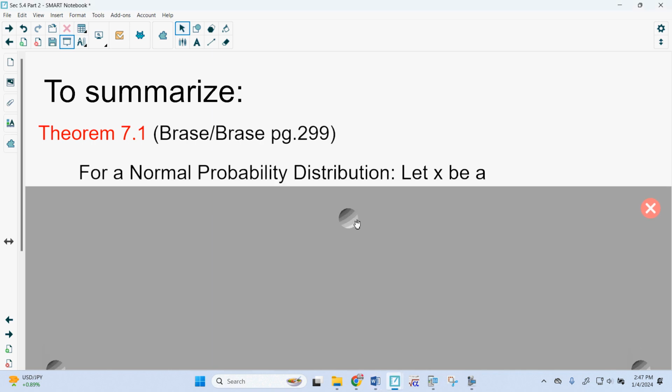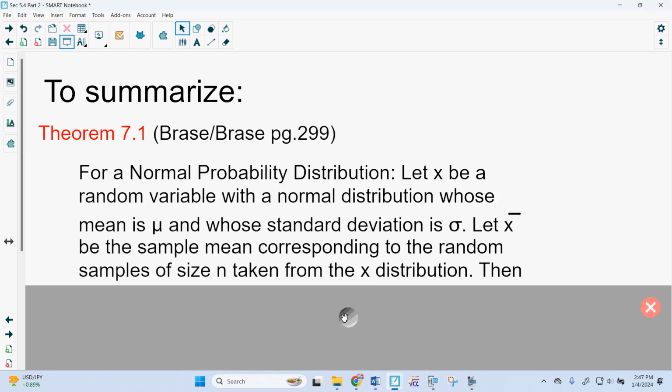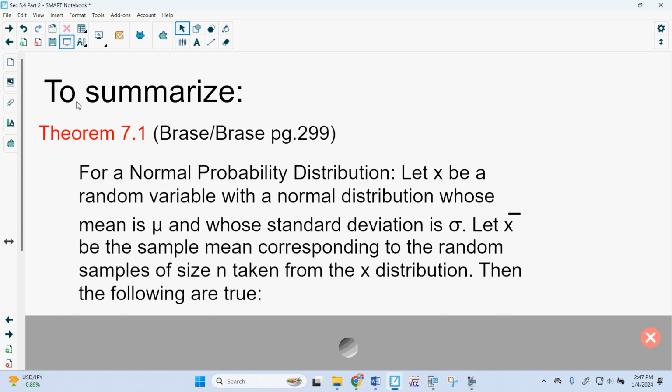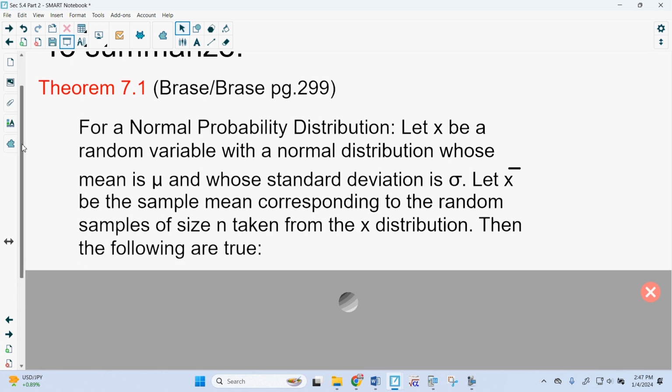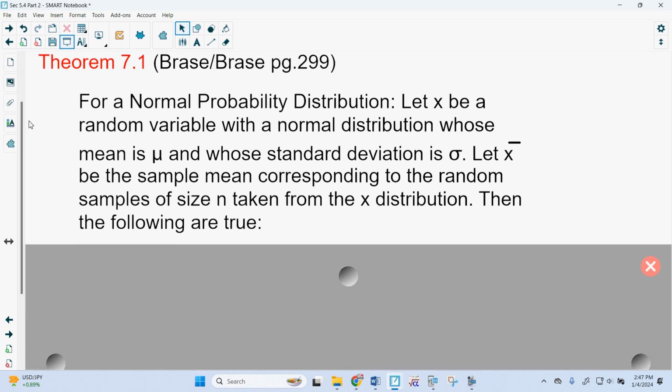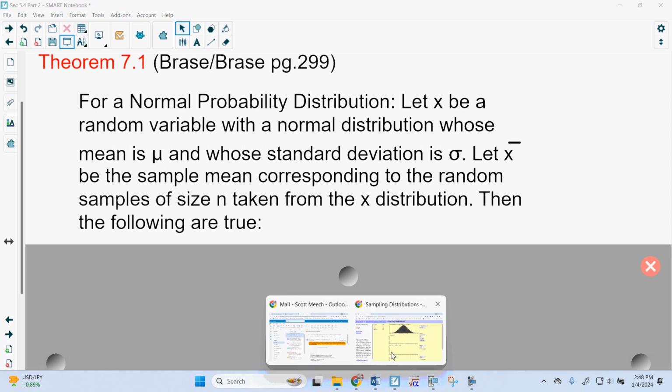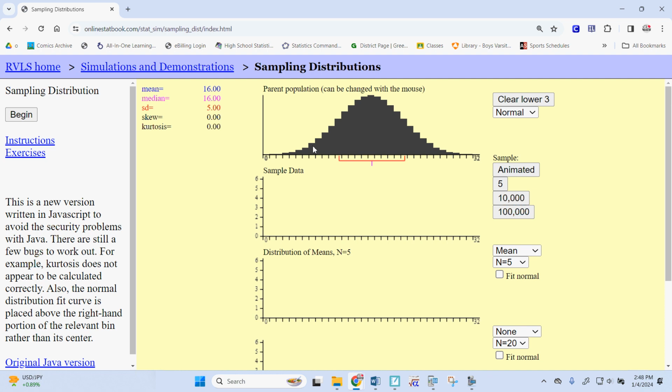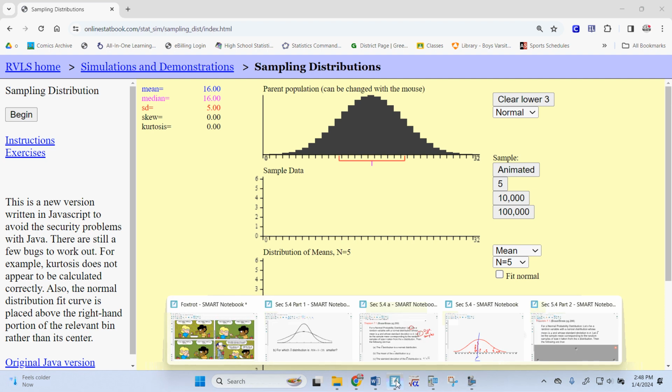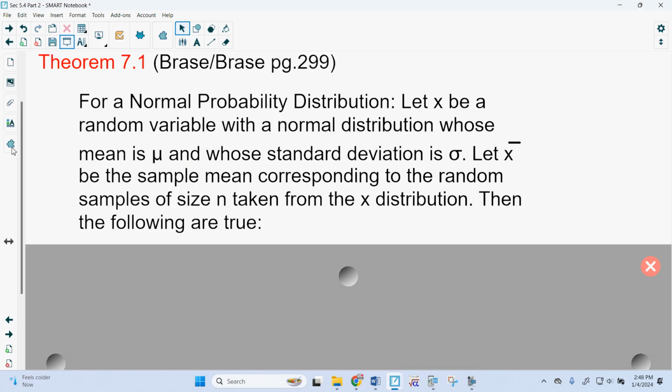So to summarize, here is a theorem that's going to tell us what's going on. First off, for a normal probability distribution, let x be a random variable who is normally distributed with a mean, mu, and a standard deviation, sigma. So that is this top. This is our normal distribution. It has a mean and it has a standard deviation. So if we have that true, then we know the following.